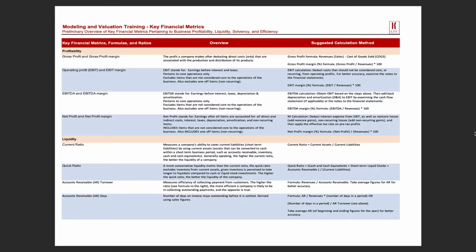And a key difference between net profit and operating profit, and EBITDA for that matter, is that it includes interest costs, it includes taxes, it includes non-core losses or costs that are non-core to the business, if any, costs that are non-recurring, if any, as well as gains that could be deemed one-off, such as a gain on a sale of an asset that is not usually happening or recurring every business cycle.